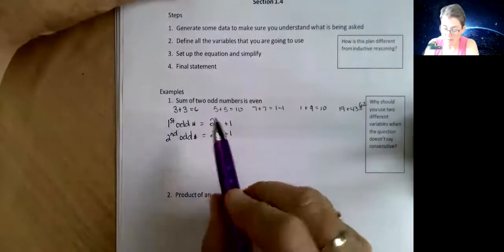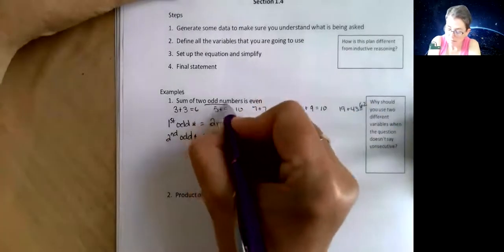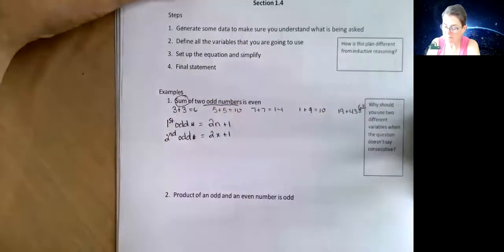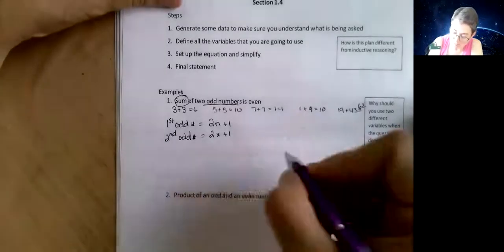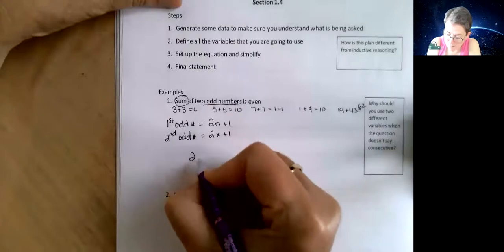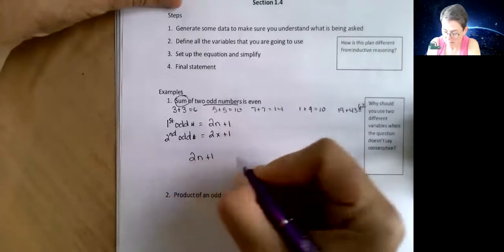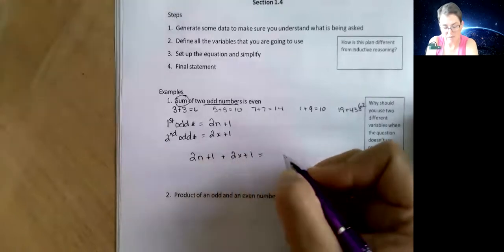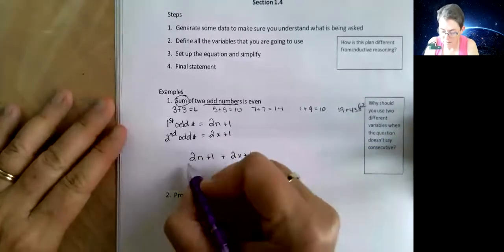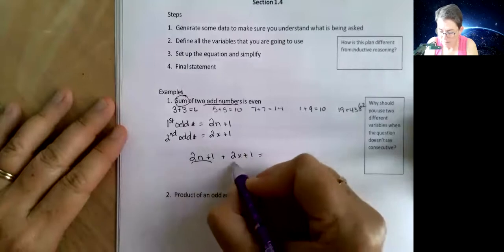Okie dokie. So now we've got this part figured out. And we need to do sum. Oh, I guess we already established that sum means plus. So I'm going to take my first one, 2n plus 1 plus 2x plus 1, and we're going to simplify that, right? So there's the first one, there's the second one.